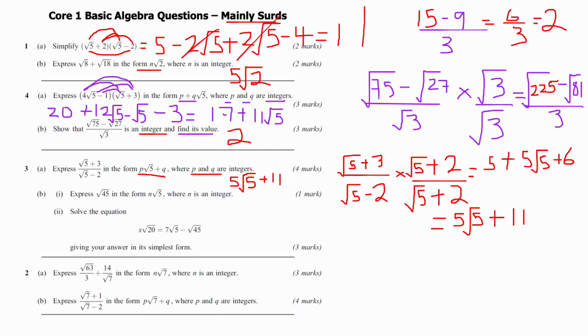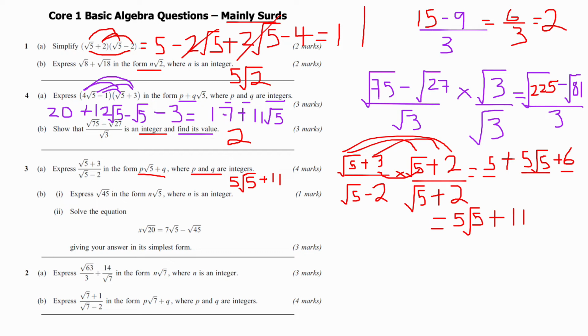So I'm going to have 5 take away 4, which gives me 1. And on the top I'm going to have root 5 times root 5, which is 5, plus 2 root 5, plus 3 root 5, which gives me that 5 root 5, and then 3 times 2 is 6, which is where that 6 has come from.